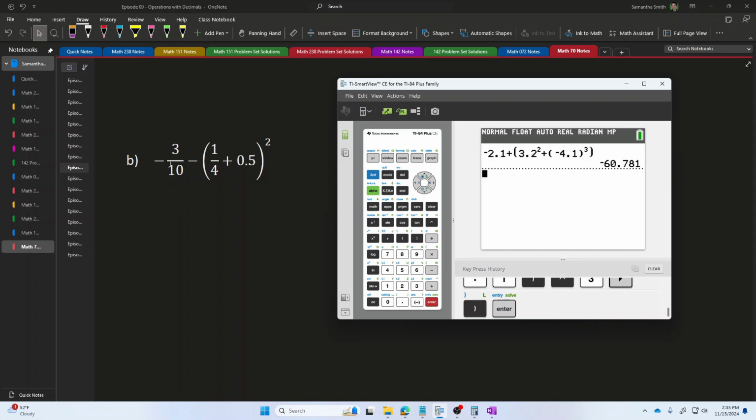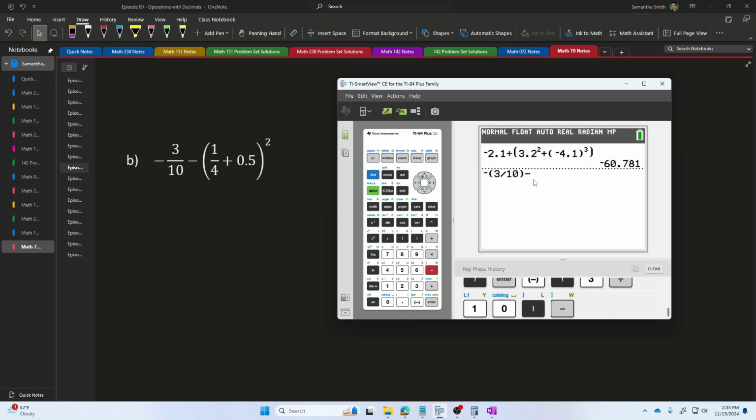So up here first, I have negative 3/10. So I will use my make it negative sign, and then I will put the fraction 3/10 in parentheses of its own. Now between this number and this other number is a symbol, and because the symbol is between two numbers, this is telling you subtract the numbers.